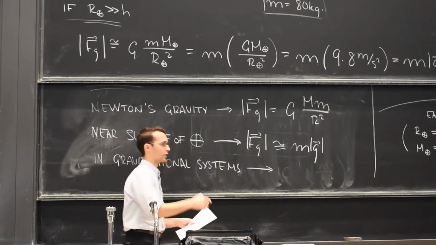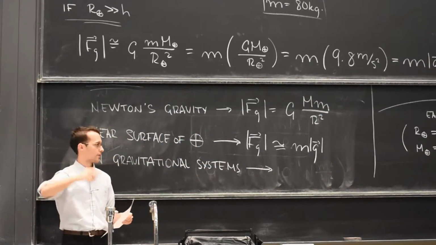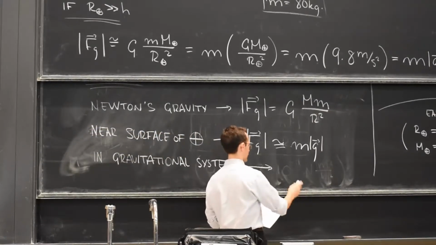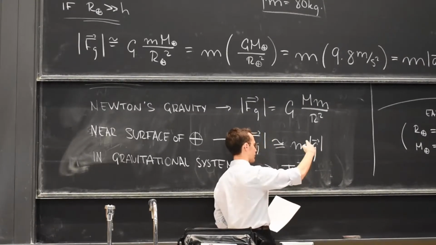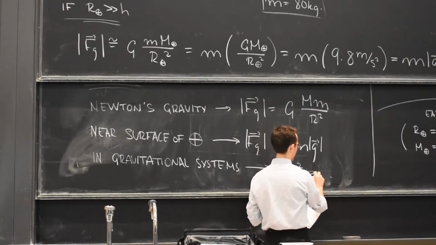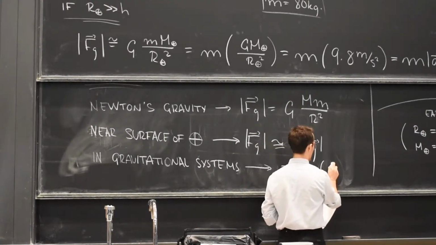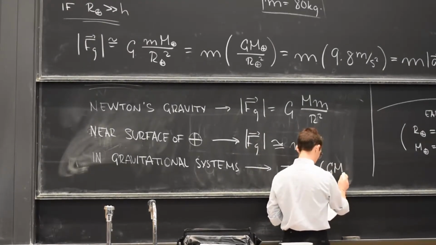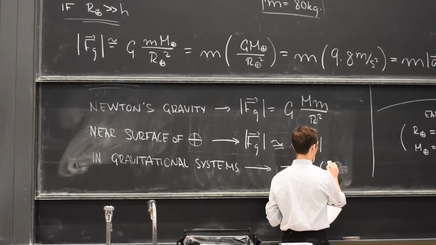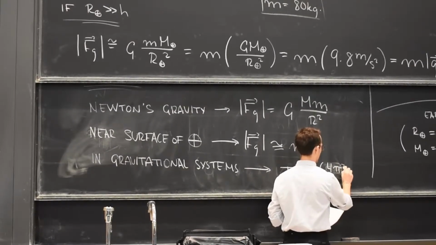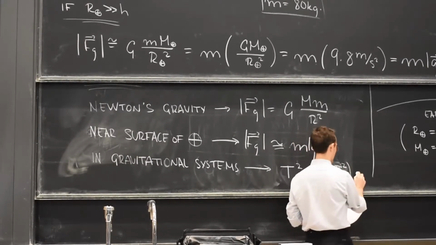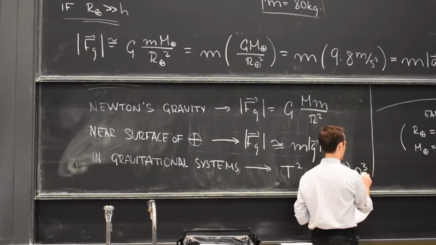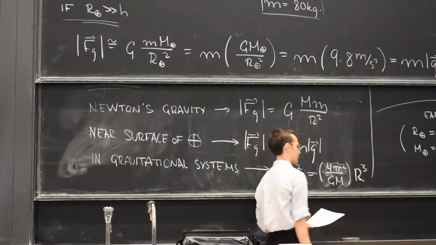For the simple scenario of just one object orbiting another object, the period of the orbit, so how long it takes to go around, square that, is equal to some constant times the cubed radius of their separation.